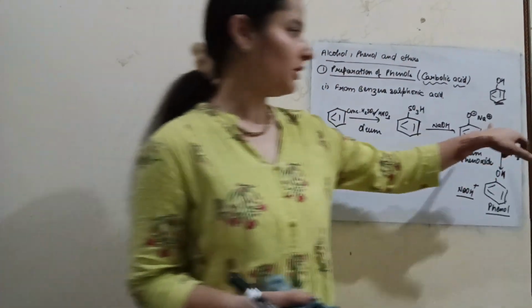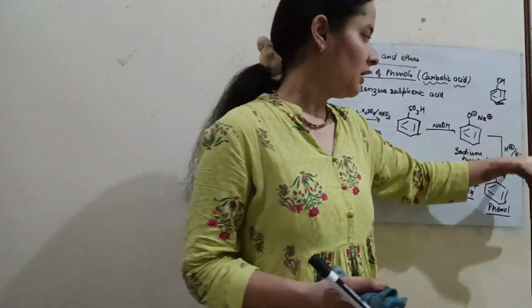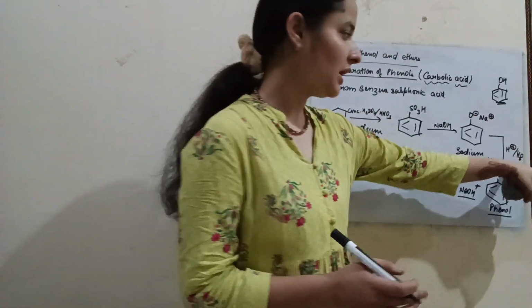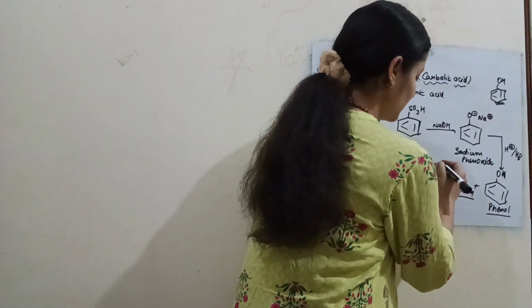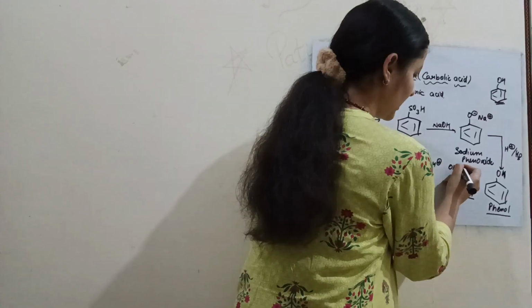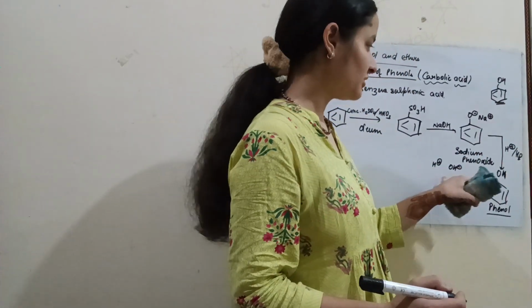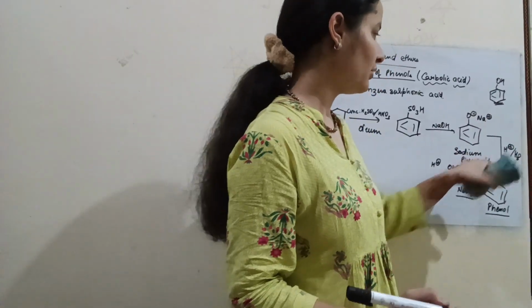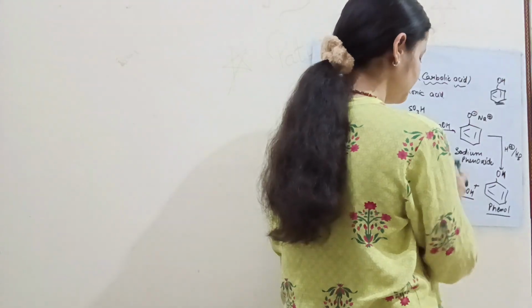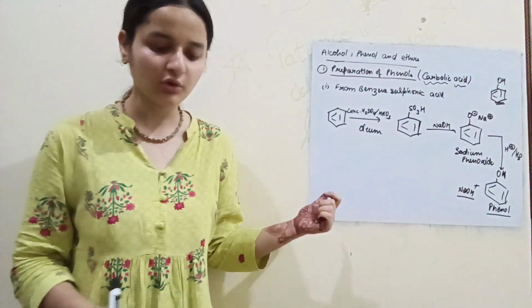Why NaOH? Because Na positive, you are doing hydrolysis, so water will get split into H positive and OH negative. Now H positive will go with O negative and OH negative will go with Na positive, and you will get phenol. I think it is clear to you now.